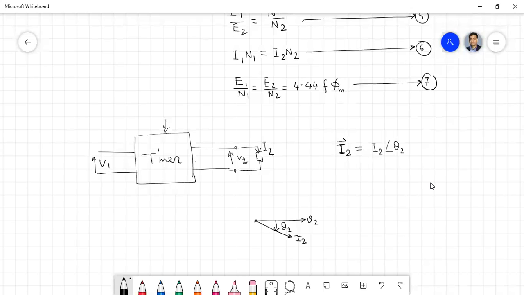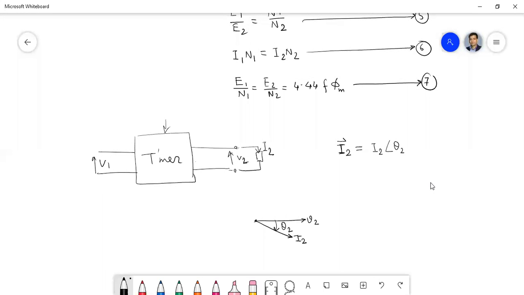And the magnitude and the phase angle of I2 are completely determined by the type of load switched on by the consumer. Suppose you as a consumer have switched on a light, some fluorescent lamp or LED lamp, or you can connect a refrigerator, a fan, an air conditioner. That depends on you.